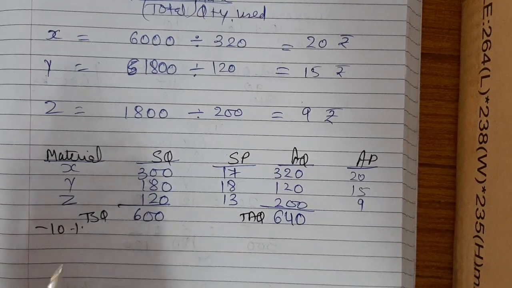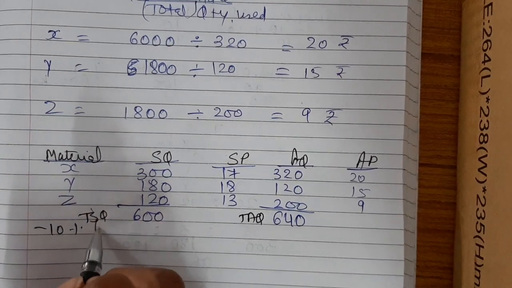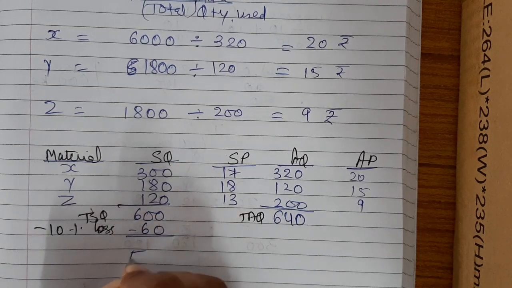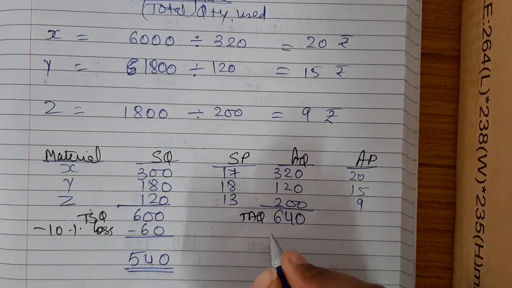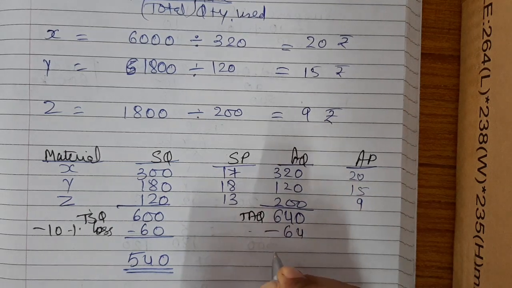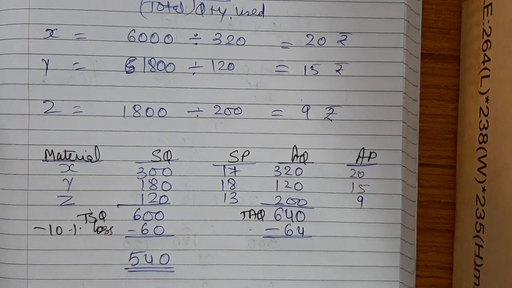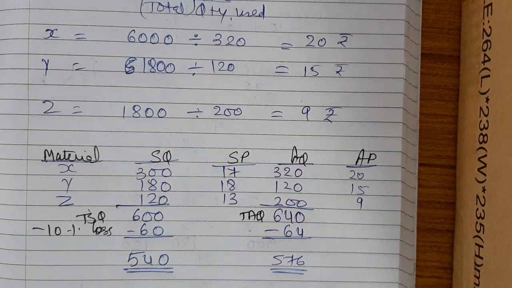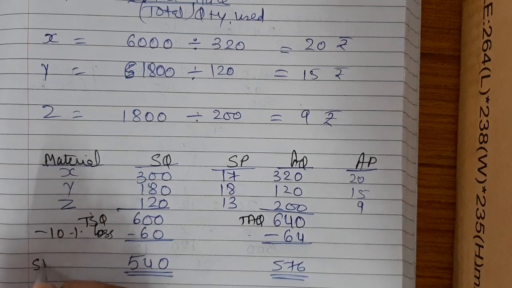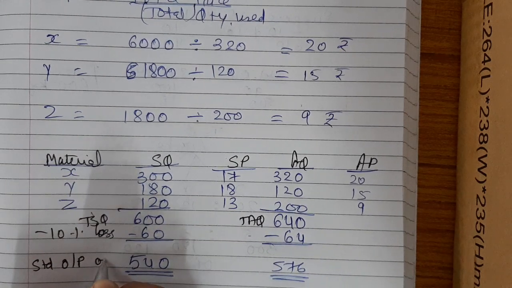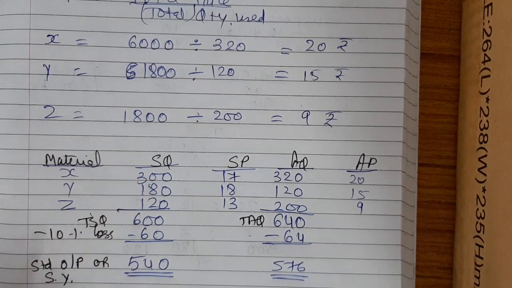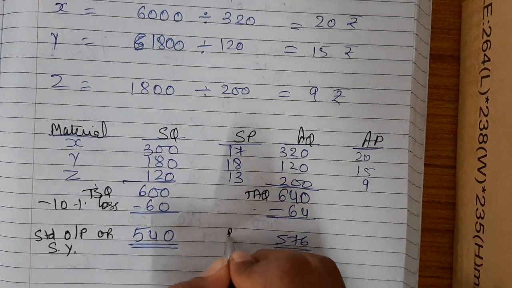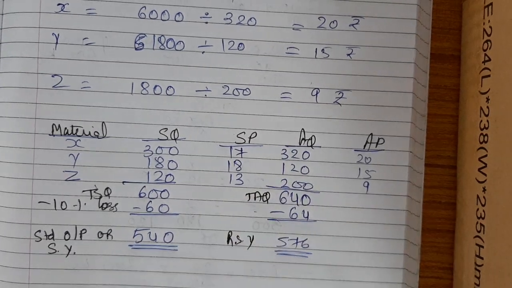By deducting 10% loss, here it would be 60, so 540, right, and here 64, so it would be 576. So this will be our standard output or standard yield, right? This is called our standard output or standard yield, and this is called our revised standard yield.